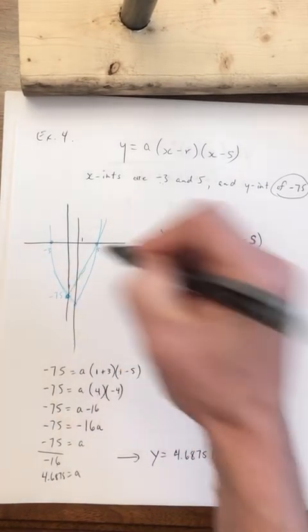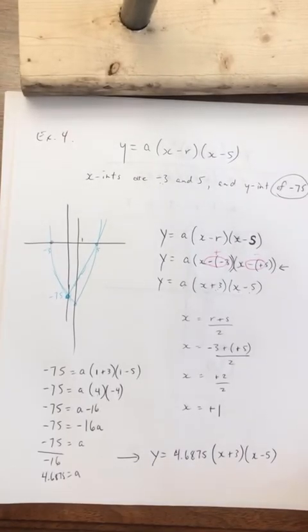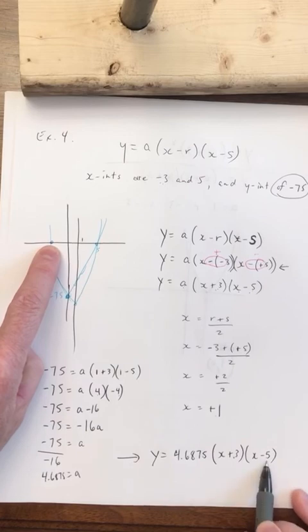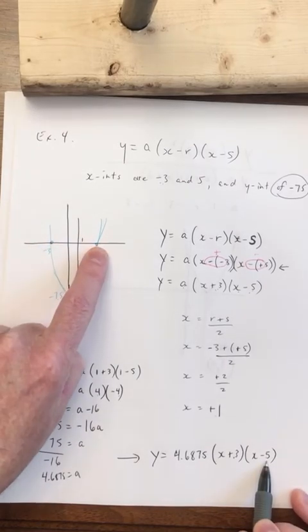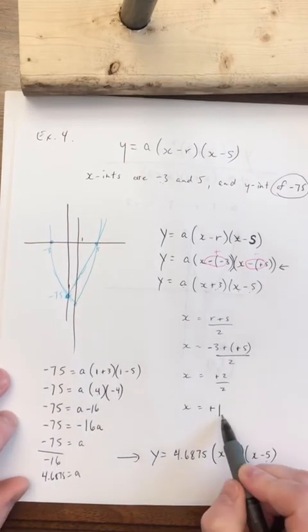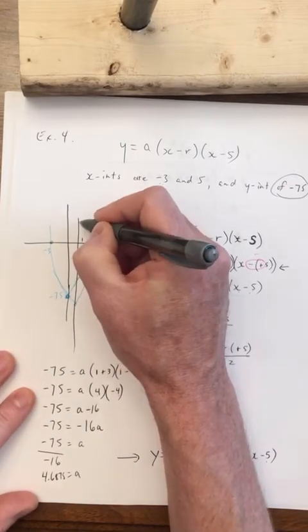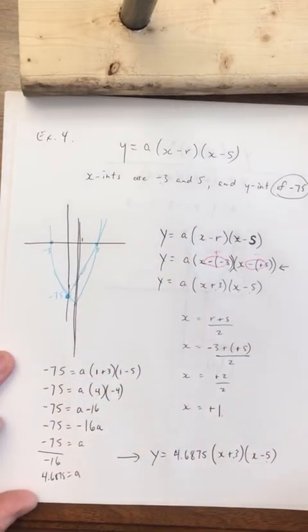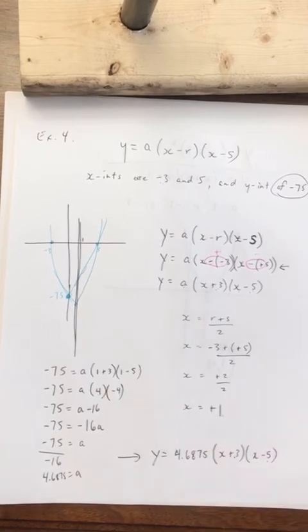There is the equation for this. We are crossing the x-axis at negative 3. Boom. At positive 5. There it is. We know our axis of symmetry is 1. And we know we have a stretch value of 4.6875. So there you go.